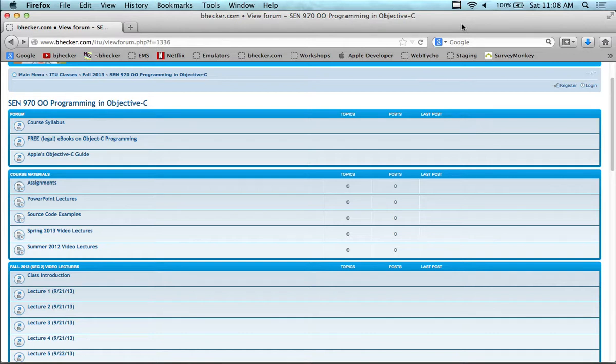It's a question about the foundation framework. So 23 was on the mutable concept, 24 is on the foundation framework. Number 25 is the last question on the exam.